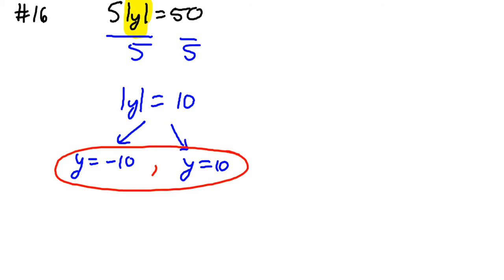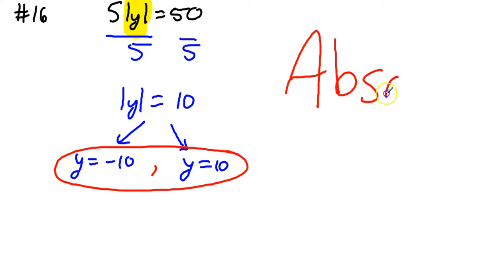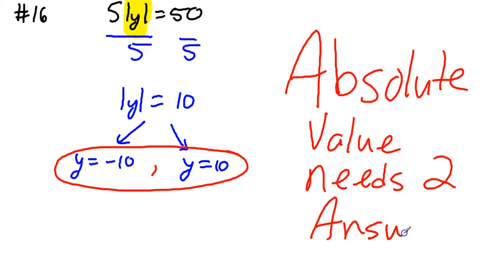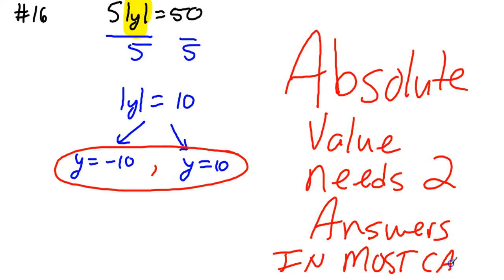Okay. And if there's any one big thing I can get across to you when you're doing these, make sure you give me 2 answers. Yeah, so in big letters. Now, not every case, but in most cases, you're going to need 2 answers.